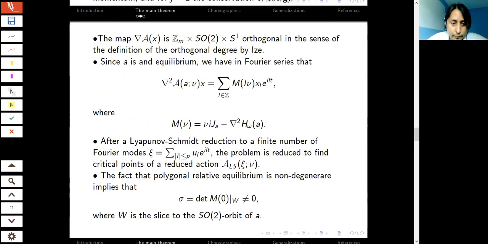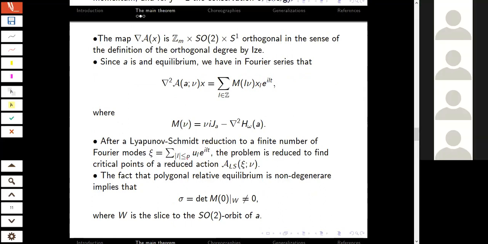So in order to apply the orthogonal degree developed by Jorge Ize, I need to first do a Lyapunov-Schmidt reduction to finite dimension. I'm not going to go into details. What is the Lyapunov-Schmidt reduction? Well, I decompose the space of periodic solutions into two parts: a truncation for Fourier components less than P, and the complement.